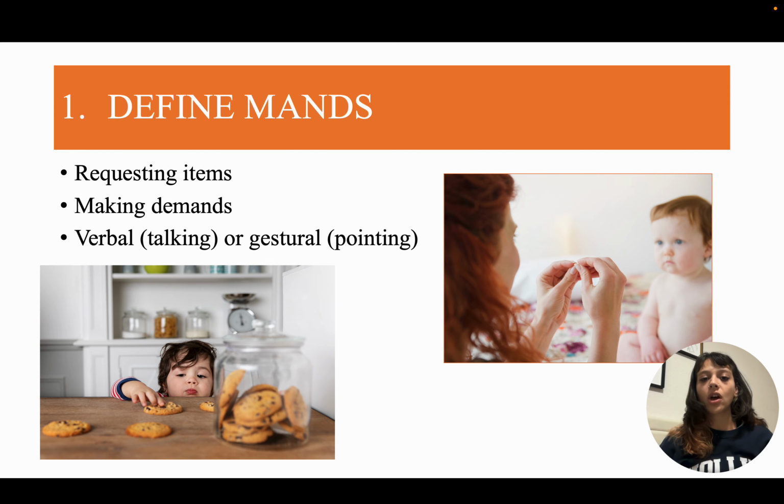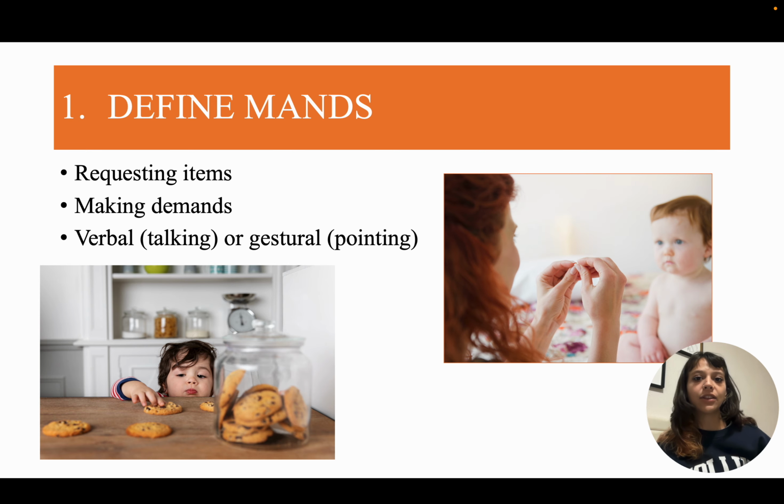For a very young toddler, for example, it can simply look like pointing to an item in order to access it. So for example, if you have a really young learner who maybe doesn't talk or is nonverbal, and they walk into the kitchen after just running around for a really long time, and they point to a glass of water while they're panting and sweating, that would be a mand.